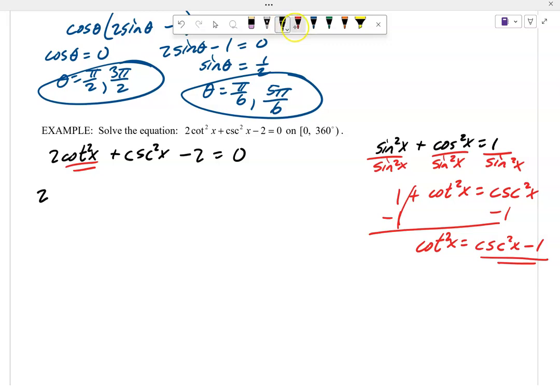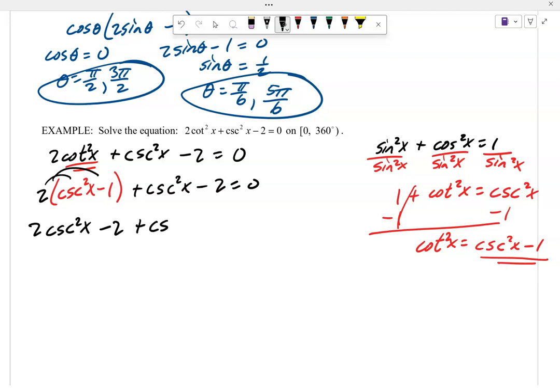So let's replace that with cosecant squared minus 1. So we got 2 times cosecant squared x minus 1. And so we got 2 cosecant squared plus another cosecant squared. We got 3 of these cosecant squareds.